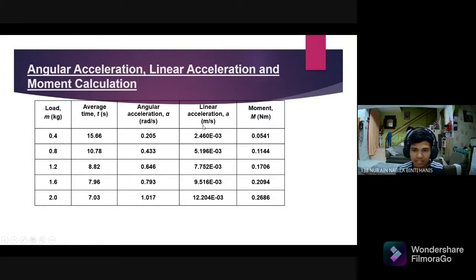The linear acceleration we get is 2.460 e-03, and the moment in Newton meter is 0.05541. Okay, this is the table that shows the different weights.